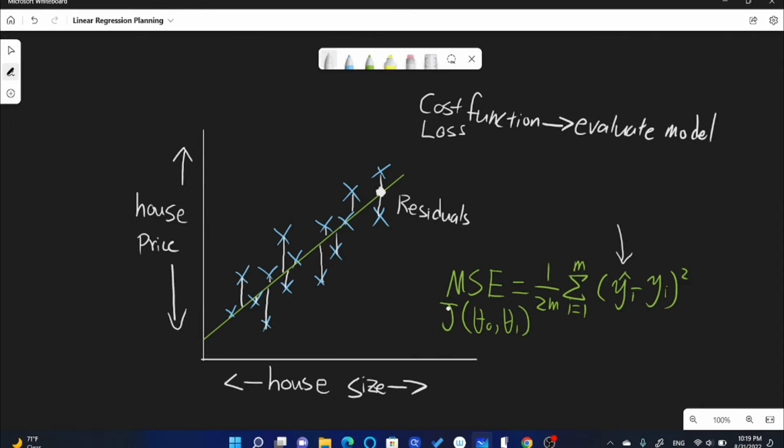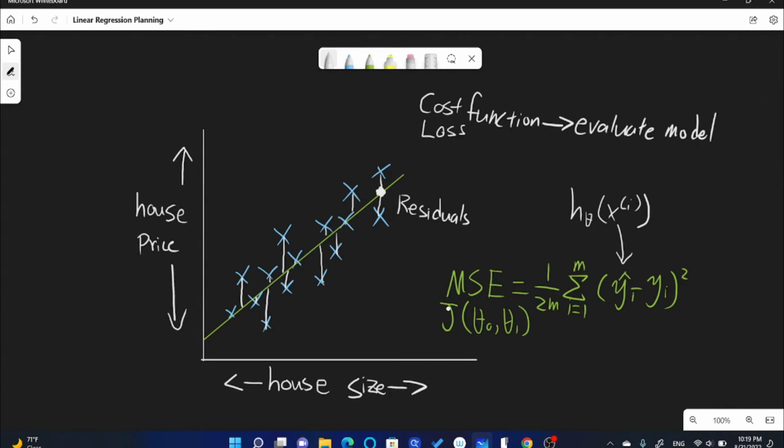You can express y hat as h, the hypothesis function, right? And we're taking the ith hypothesis function. That's also a good way to write it, right? Since we're plugging in x, we get the y predicted value anyways. So that's another way that you can express it.